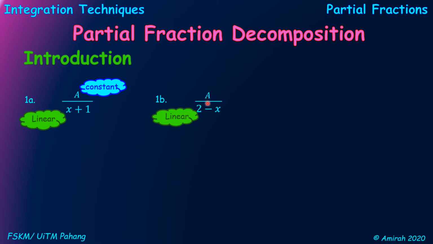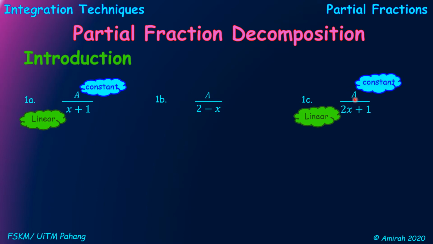So we can write numerator equals to A, which is also constant. And then 1c, if we have denominator 2x plus 1, which is also linear factor, so we can write numerator equals to A, which is constant. If we have denominator with degree 1, means linear factor, so the numerator should be 1 constant, A.